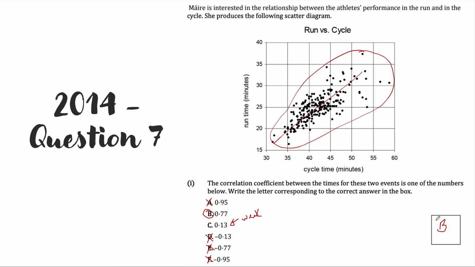Now, the other thing you need to be able to do with this type of question, not only should you be able to match the graphs to the numbers, you need to be able to draw the scatter plots themselves. So that's mapping the data from a table of results. You also need to be able to get this correlation coefficient from your calculator.